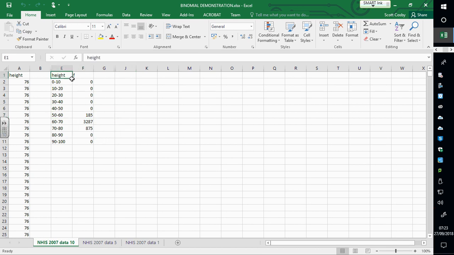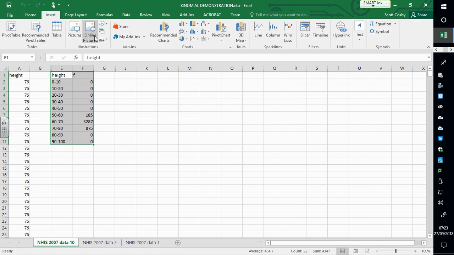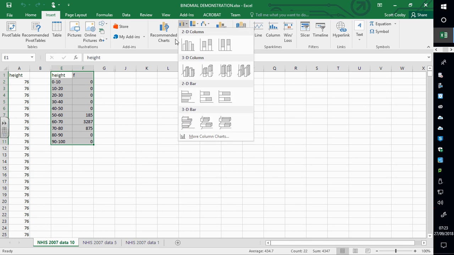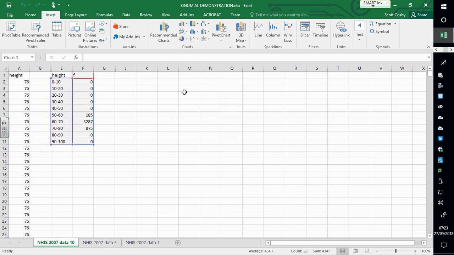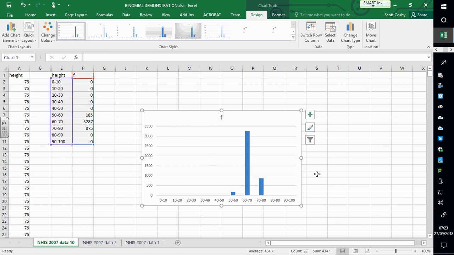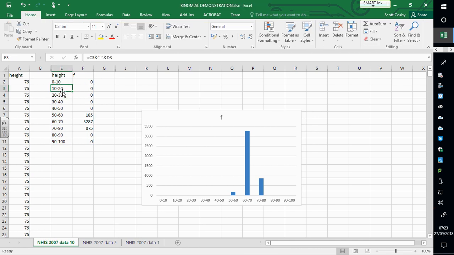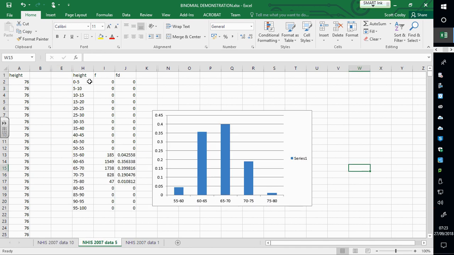So if I put that into a histogram, which really is just a glorified bar chart, there's our histogram here, and there's not really much I can do here. But what happens if I make the intervals smaller, so between 0 and 5 and 5 and 10, etc.? Well, you can see what happens.